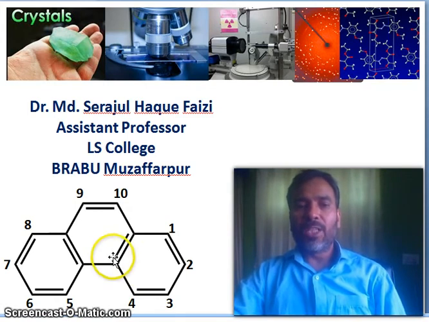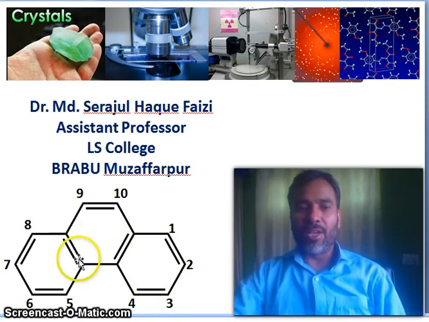Now you see the arrangement of these benzene rings in an angular fashion. This benzene ring is attached with this benzene ring, attached with this benzene ring, so it is making an angular shape.